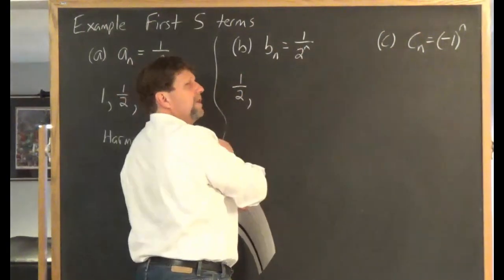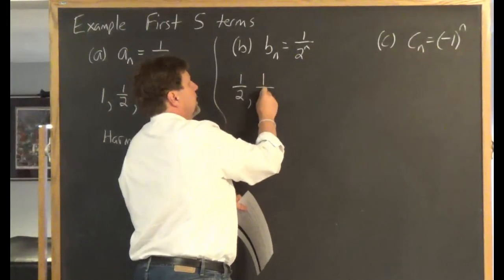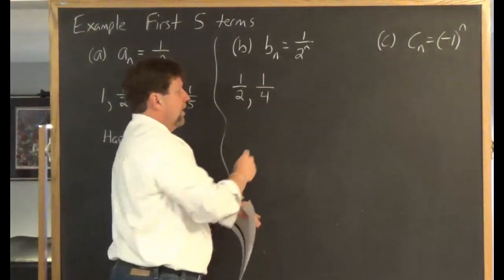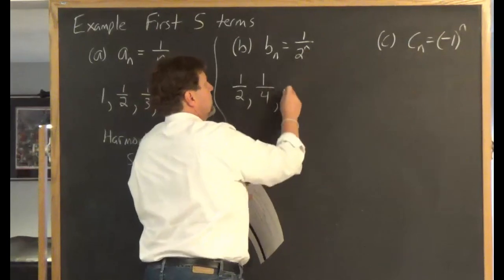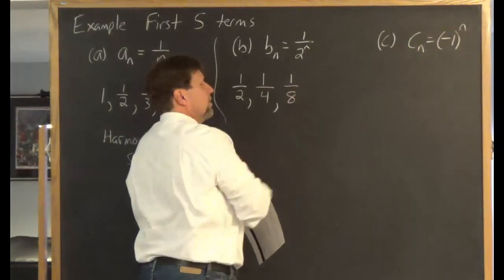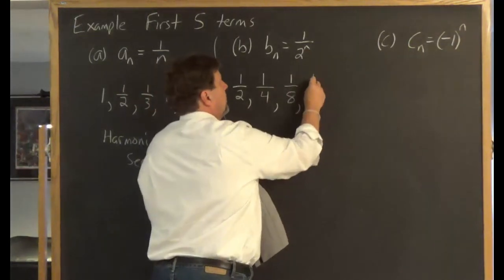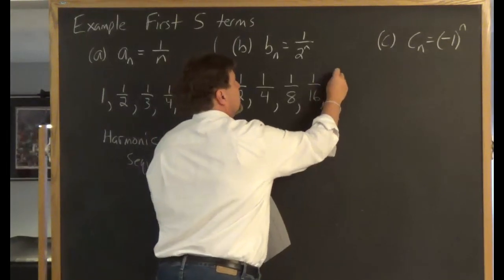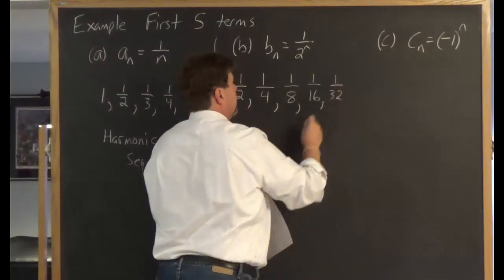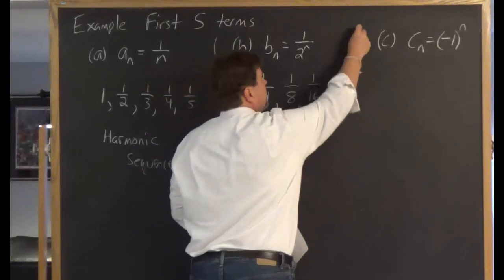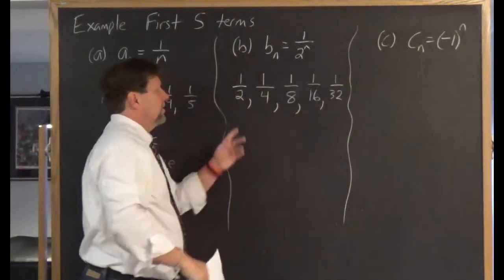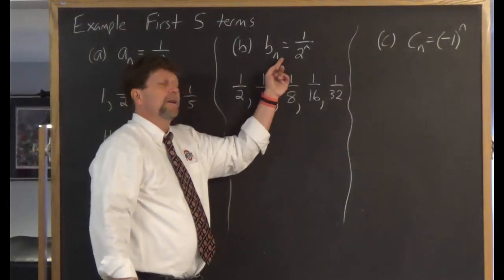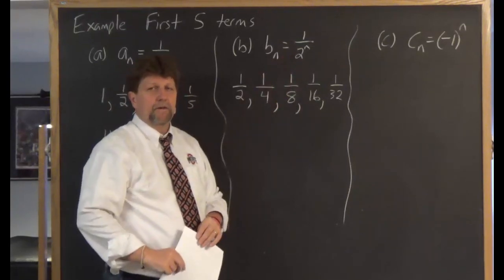Then when 2 goes in for the n, you get the second term to be 1/4. When 3 goes in, you get the third term to be 1/8. 4 gives you 1/16, and 5 gives you 1 over 32. So those would be the first 5 terms of that sequence.